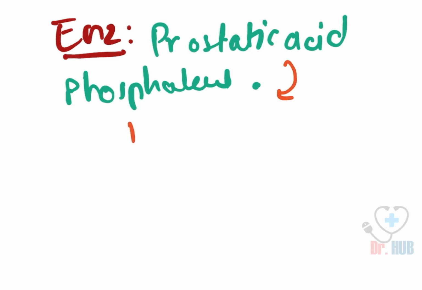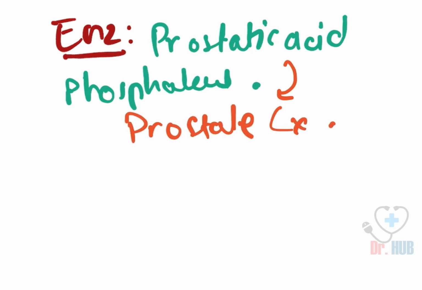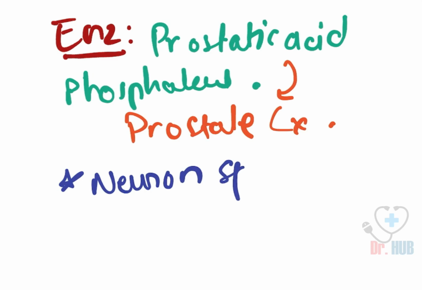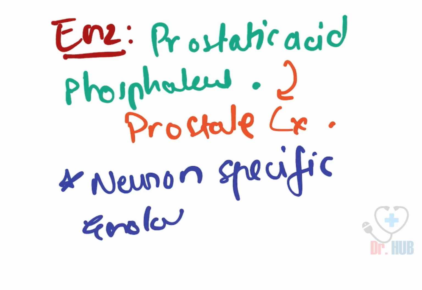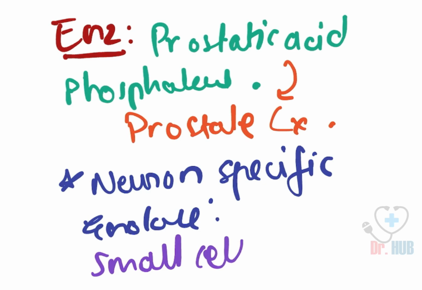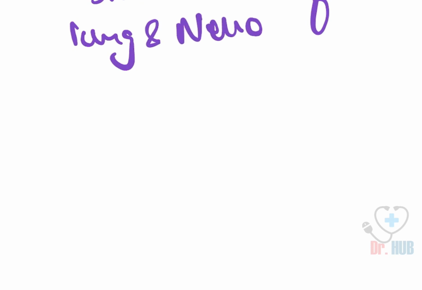This is seen, as the name suggests, in case of prostate cancer. Next, looking at the neuron specific enolase. This is seen in case of small cell cancer of the lung and the neuroblastoma.